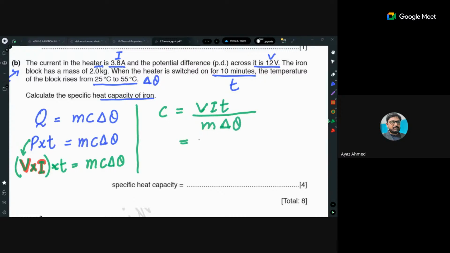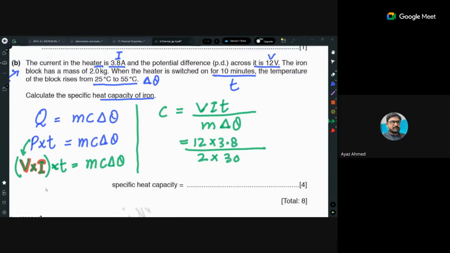Just place the values. V is 12 volt, I is 3.8, divided by mass, which is 2 kg, and change in temperature is 30 degrees centigrade. Just calculate, please. Okay, just give me a sec, I'll use my phone's calculator. No issue at all.